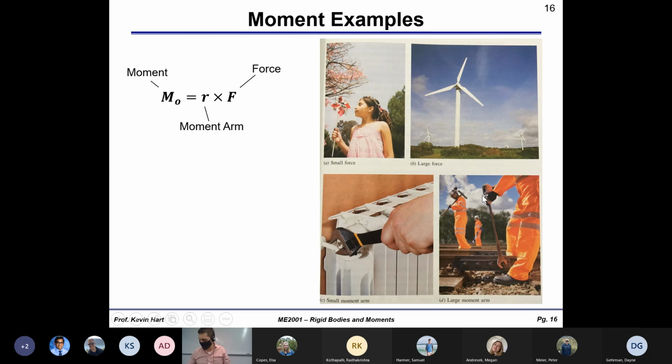So this is an example of increasing your distance to the application of the force. Here he's applying his force in this direction, and the distance to that particular point, which would be point O in this situation, is very, very large compared to this situation, where your distance from the point of application is relatively short. So that's the difference that we could potentially see. Okay.